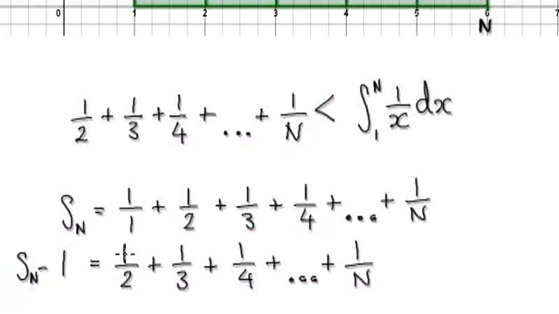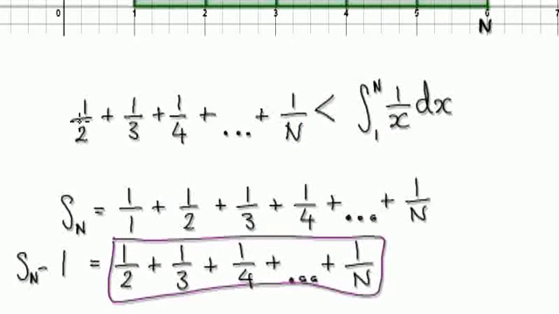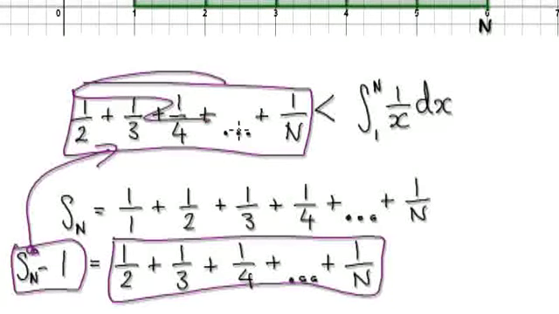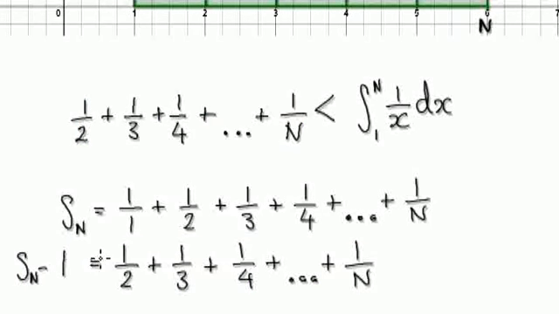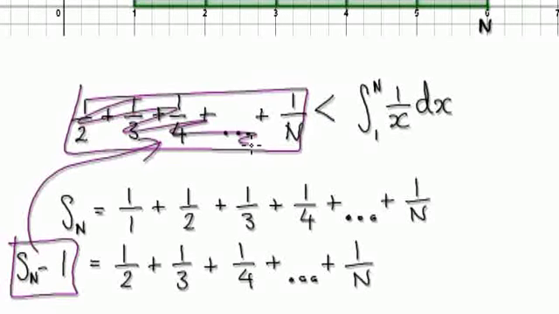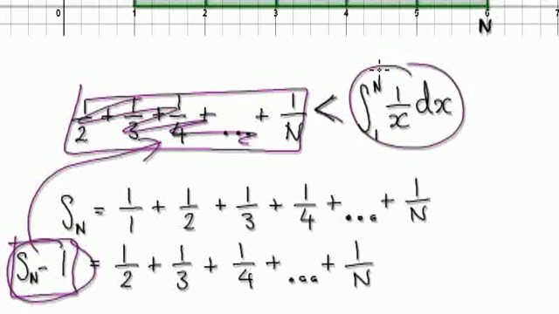Now this thing here is exactly the same as this, so let's put this into this whole thing here. So now we've got this thing is less than this thing here.